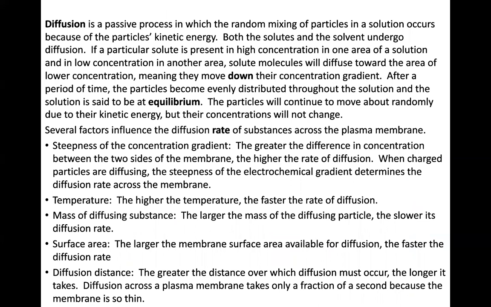So now that we have an idea of gradients, we can actually start talking about the ways in which substances move across the plasma membrane, either into the cell or out of the cell. The first method is through the process of diffusion.